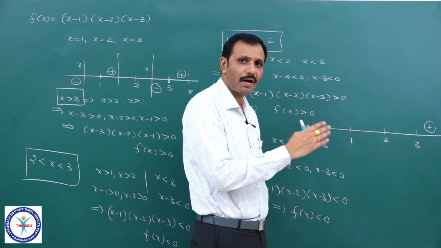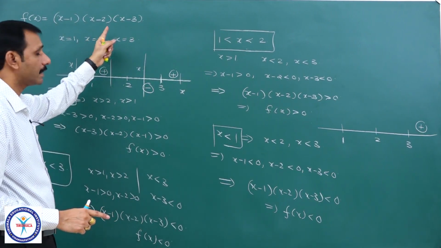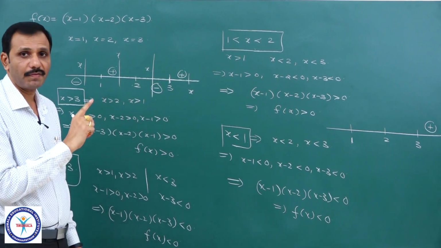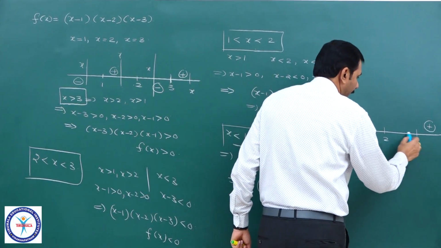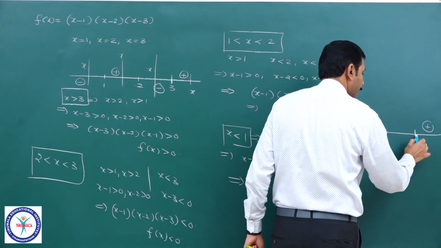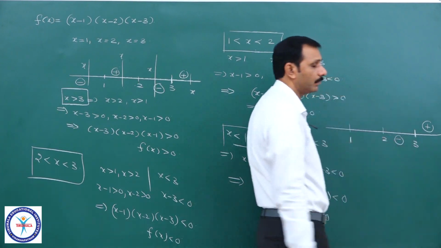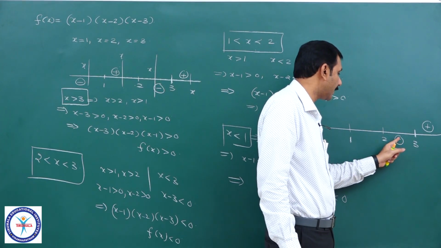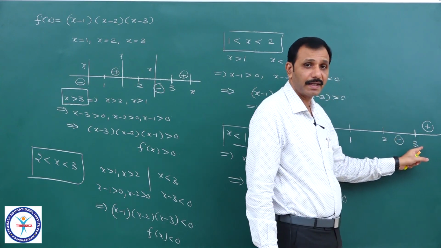On the extreme right side of all zeros, when the expression is of the form x minus alpha, x minus beta, x minus gamma and so on, the sign of that expression is positive. And the moment I take the next interval, to the left of 3, between 2 comma 3, it is negative. Because if I take x somewhere here, x greater than 2, greater than 1 are positive, this factor becomes negative.